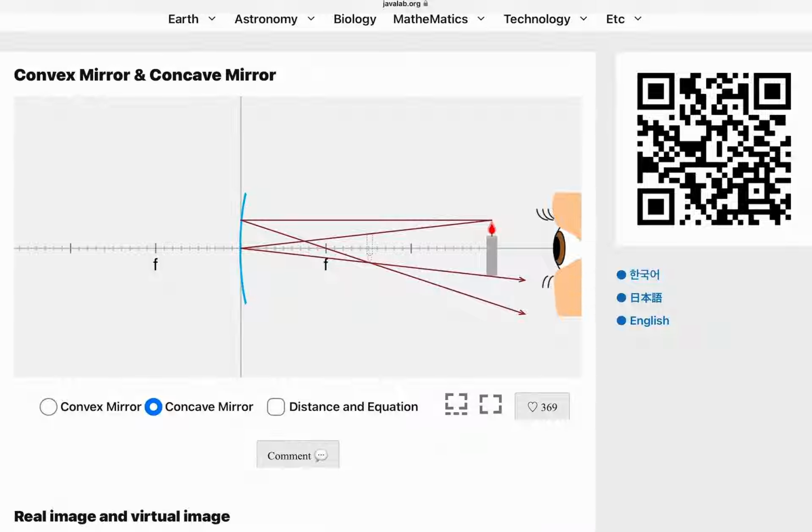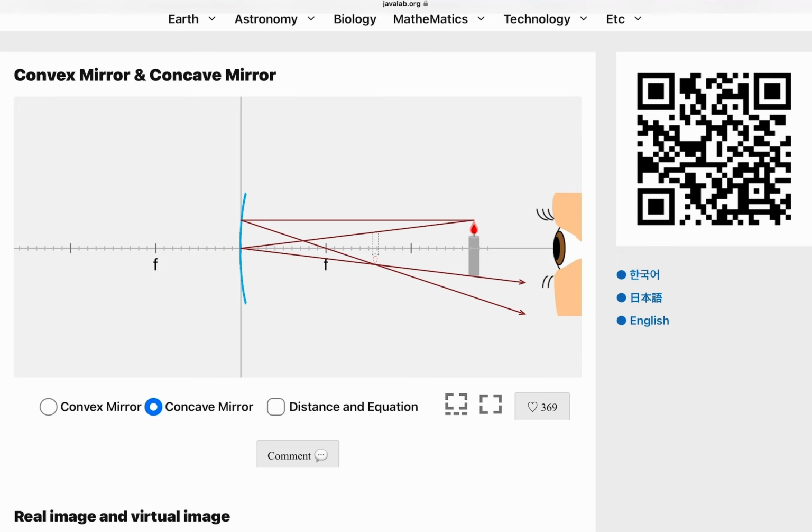Careful. If we go further, you see, the candle is going to increase its size. The image is going to increase until it becomes the same. So if an object is placed at the center, this is the center where the candle is right now, the image is still real because it's inverted, but the magnification here is going to be equal to 1.